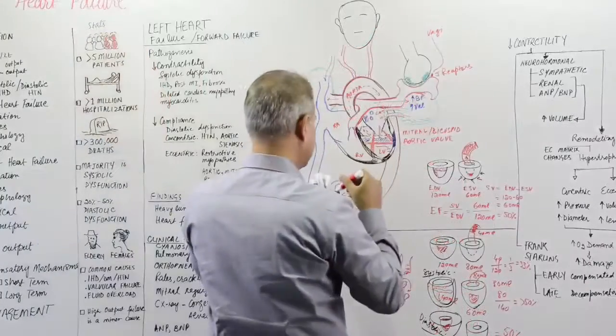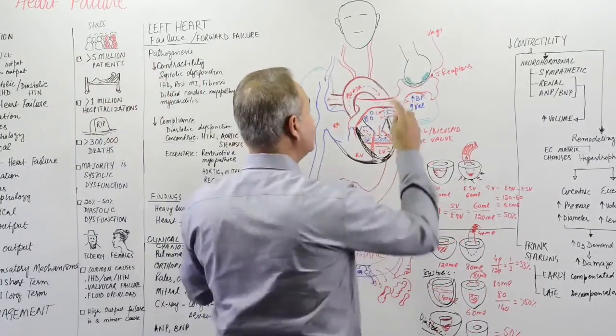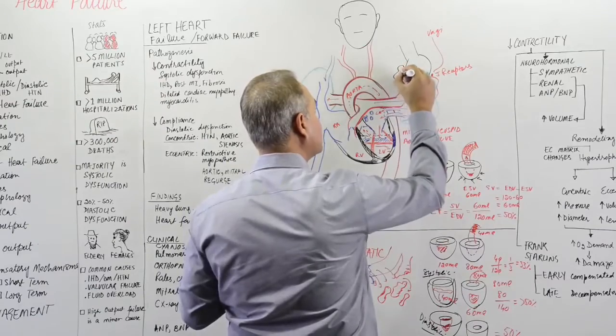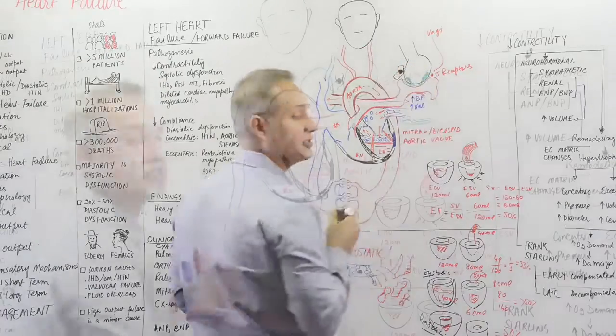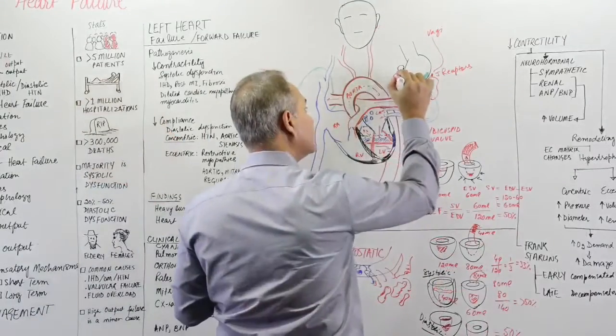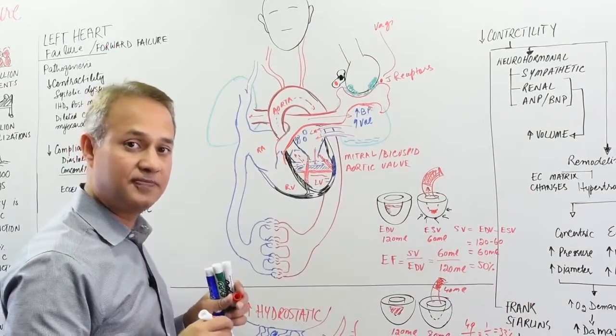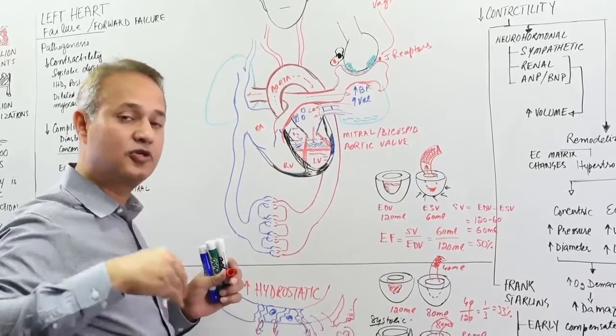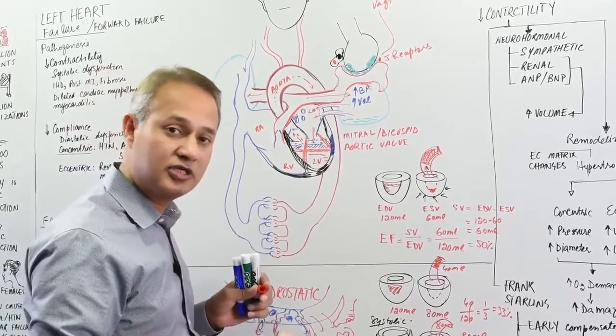The end result is that the macrophages sitting here in the alveoli, the alveolar macrophages, are going to engulf and eat these RBCs. Hemoglobin in the RBC is now going to convert into hemosiderin.